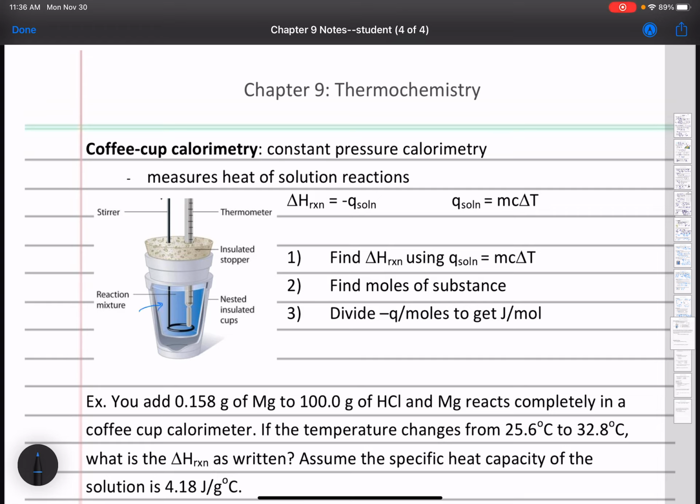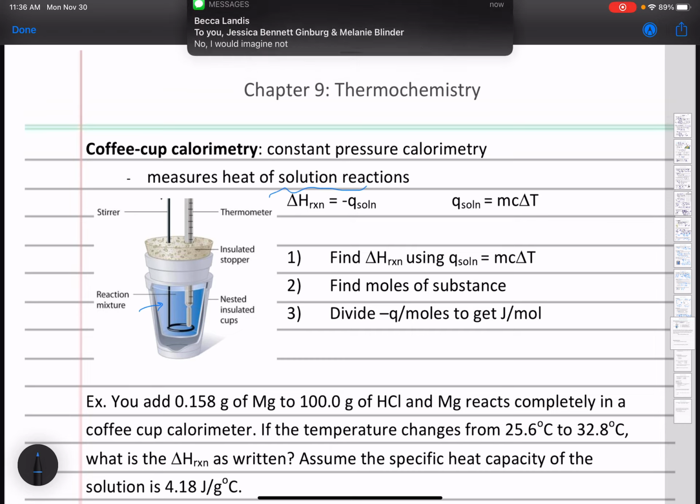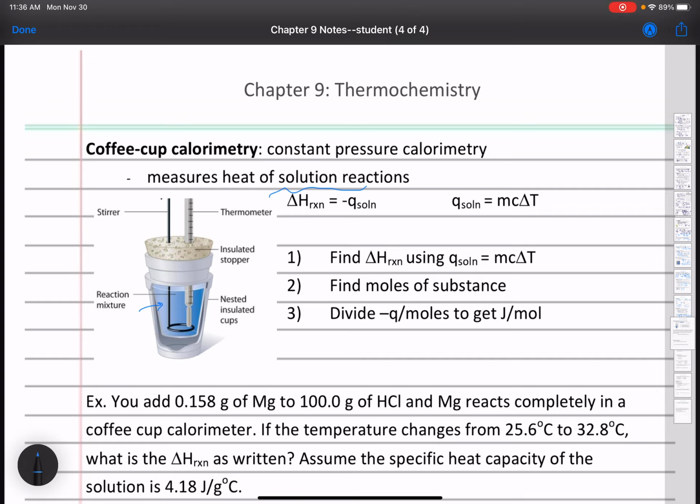And coffee cup calorimetry is really good for measuring the heat of solution reactions. So for example, you did a solution reaction where you put iron, the steel wool, in hydrogen peroxide, and it created rust with the help of salt to catalyze the reaction. And you should have felt that the cup got warm.